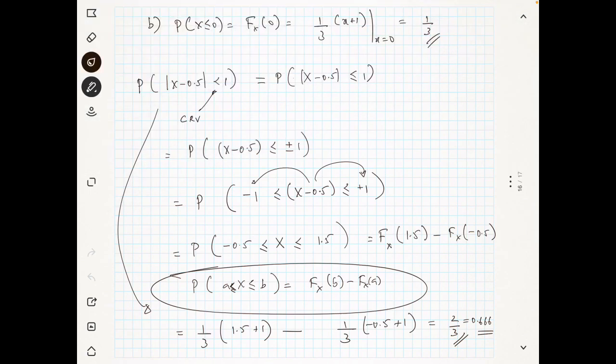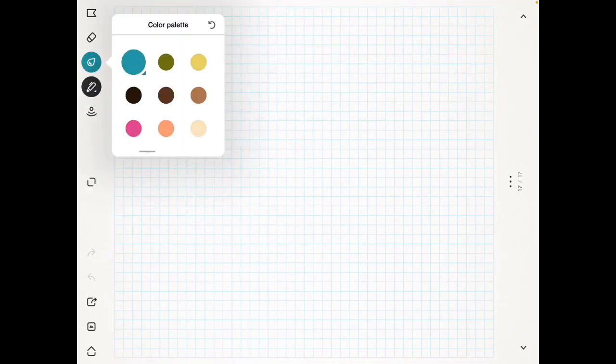Okay, so what is the probability that x is greater than minus 0.5? So this is nothing but 1 minus the probability that x is less than or equal to minus 0.5. Whenever you see the greater than sign, you can rewrite it like this.